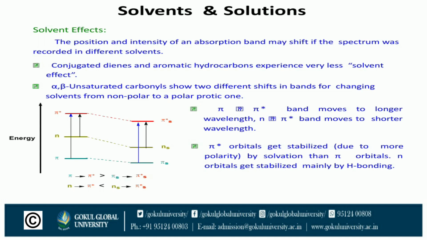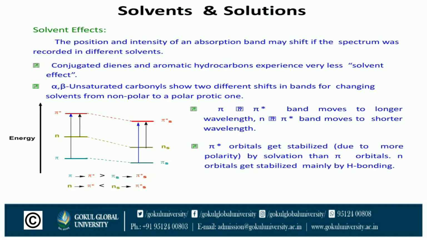Pi star orbitals get stabilized due to more polarity by solvation than pi orbitals. N orbitals get stabilized mainly by H bonding, meaning hydrogen bonding. So here the pi star orbital gets stabilized. Why?